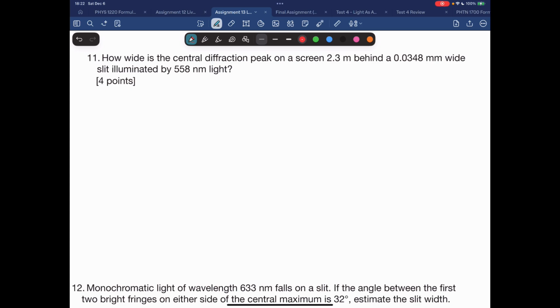So again, we're looking at the central diffraction peak. So in our formula here, m is going to be equal to 1, and we are looking for theta. So this is the arcsine of lambda over d again.